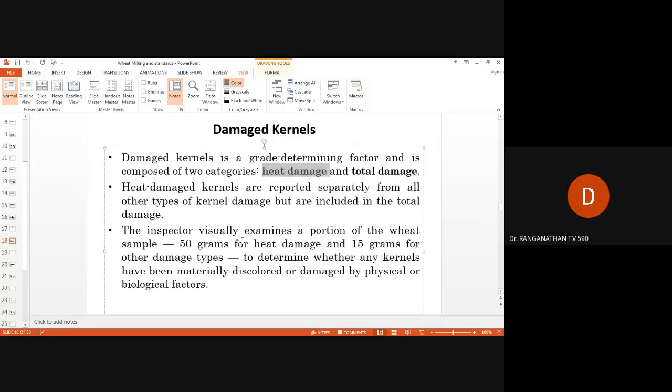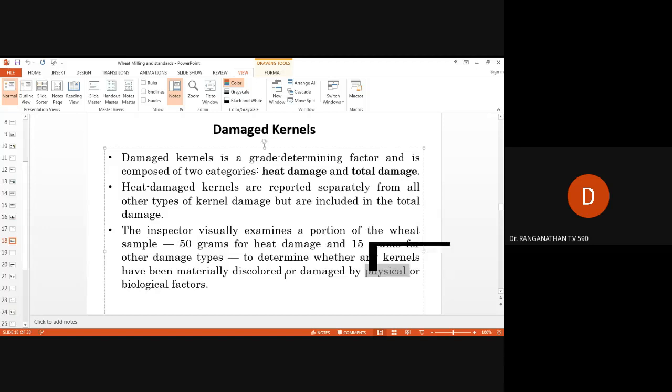In fact, it's a similar thing you will also be seeing in the sugarcane. So what is done? Again, these are visual methods, that is, by taking a known weight, they are checked for heat damage and other damages like brokens, etc., to find out whether any kernel has been materially discolored or damaged by physical or biological factors.